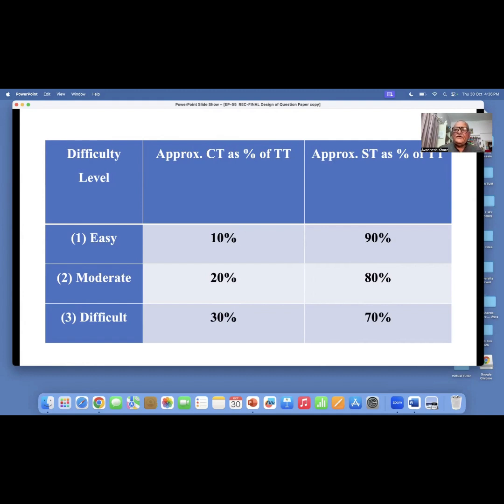So the percentage of CT in easy, moderate, and difficult is roughly 10, 20, and 30. Therefore, the remaining time will be solution time, and this is 90% for easy, 80% for moderate, and 70% for difficult. So the students should be explained about this conceptualization time and solution time of easy, moderate, and difficult questions.